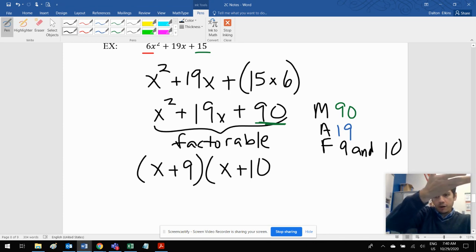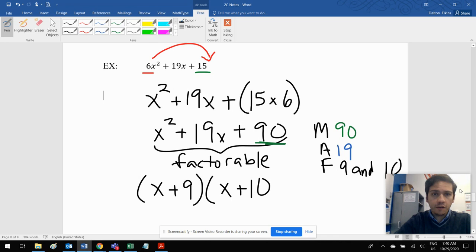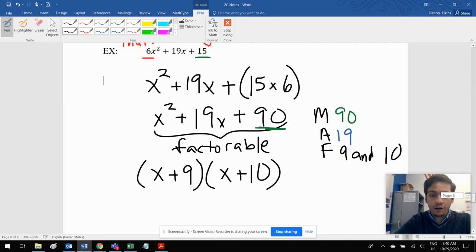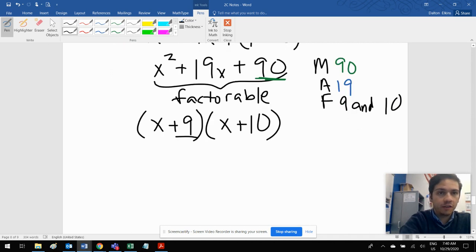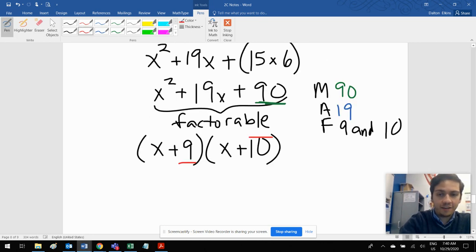So we swung forward, right? We now have to swing back. And what we're going to do is instead of multiplying, right, how we multiplied here, we have to swing backwards. So the opposite of multiplication is division. So I'm actually going to divide both of these things, both of our factors, let me write this in red, by 6.